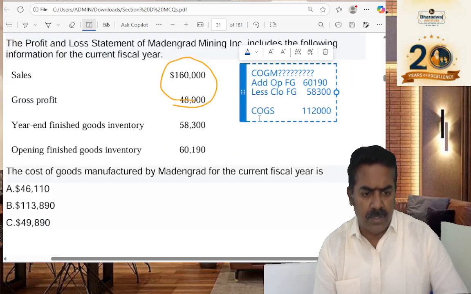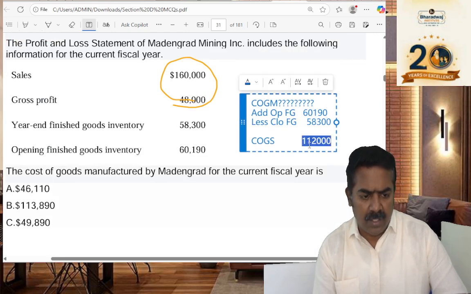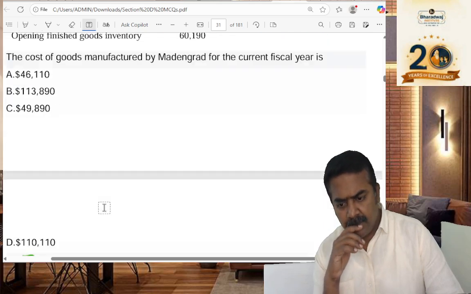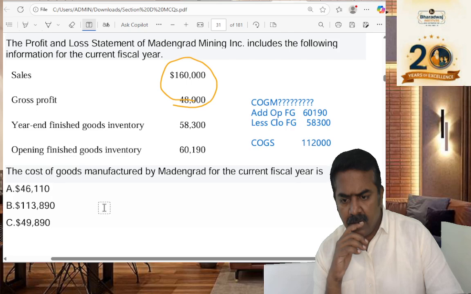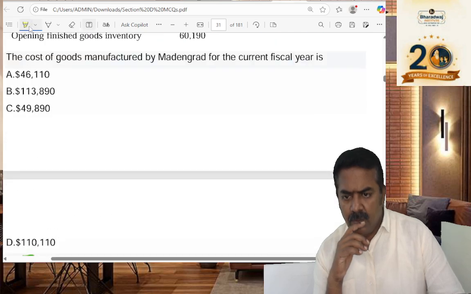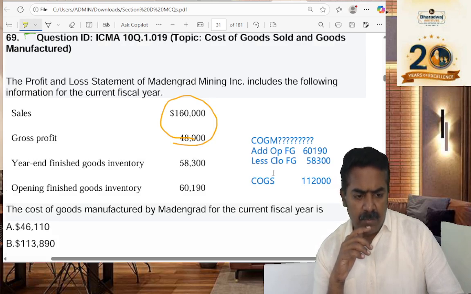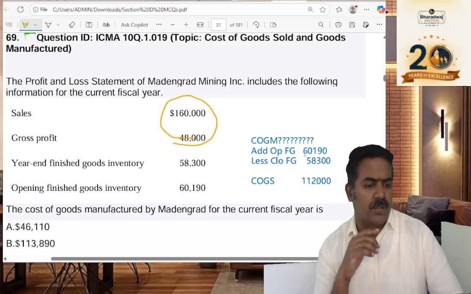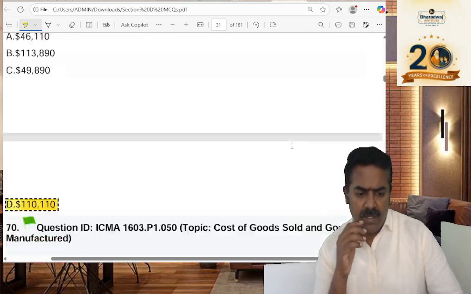Go reverse and find out. 1,12,000 plus 58,300 minus 60,190 will give us cost of goods manufactured.